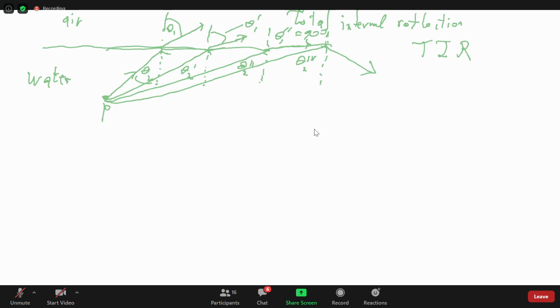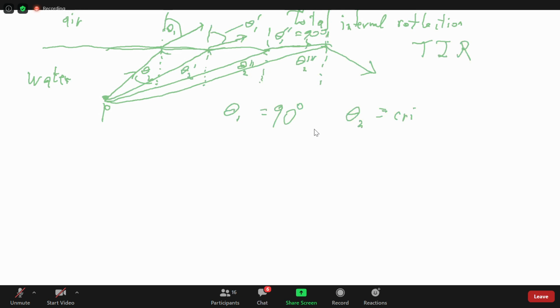right? So when theta 1 double prime is equal to 90 degrees, then theta 2 is called the critical angle. Actually, I don't need the primes anymore here.